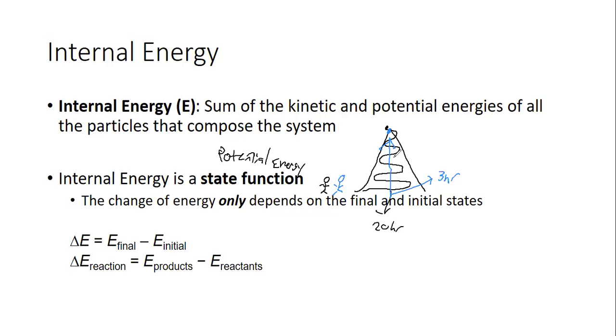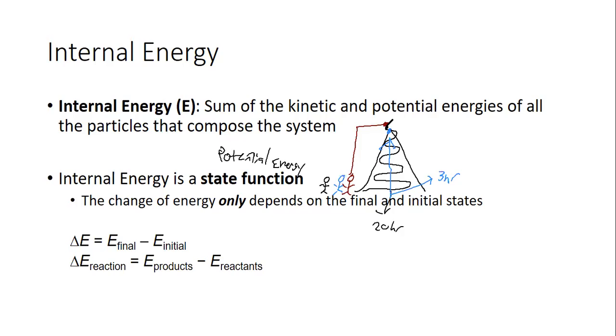All that matters is where you started and where you ended. Does not matter the in-betweens. If person 3 was on the bottom here and they took a helicopter up to the top, their change in potential energy is the same as person 1 and person 2. It's path independent. Only starting position and ending position matter.